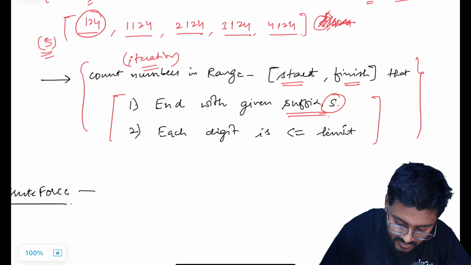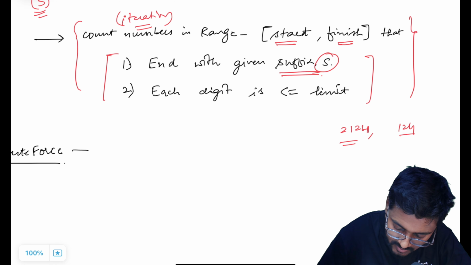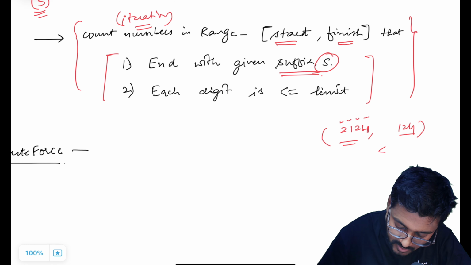Let's say the current number is 2124. 2124 ends with 124. This is something we can check, and each digit should be less than or equal to the limit.